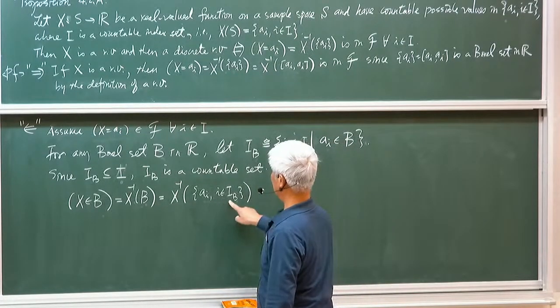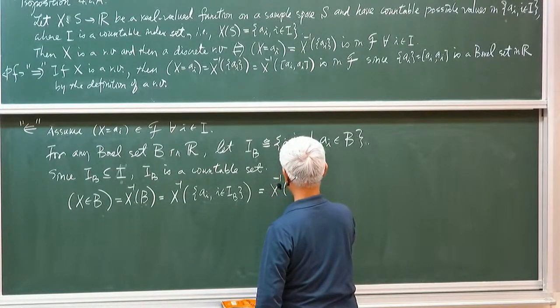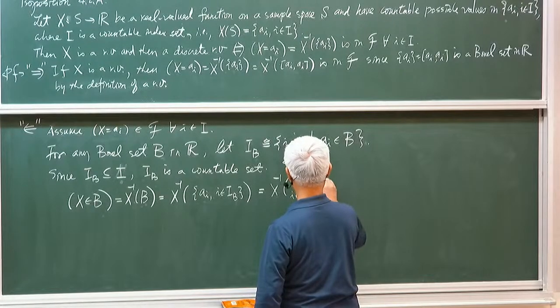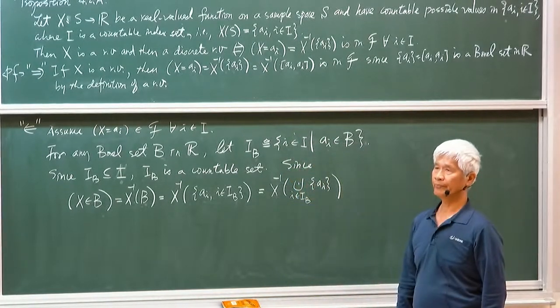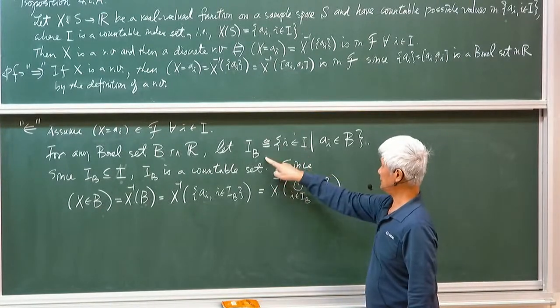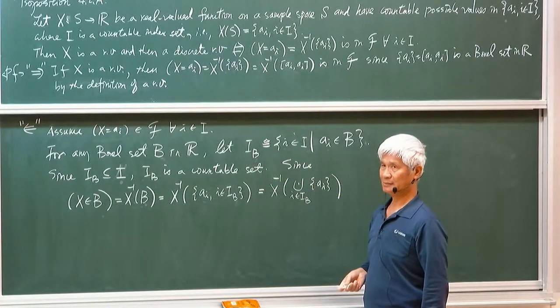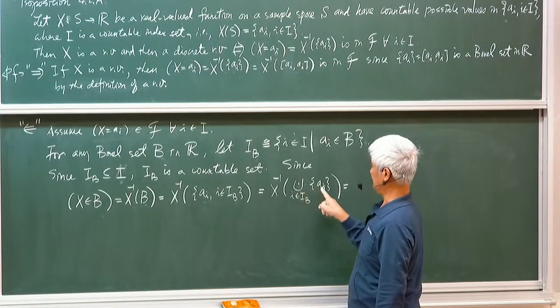And this set is the disjoint union of all the singletons. This is a countable union because I sub B is a countable set, and the events are disjoint.